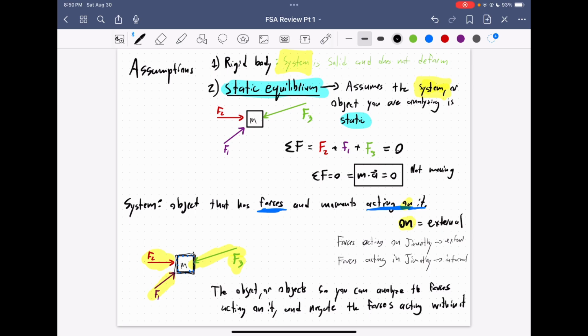And that last part, negate the forces acting within it.